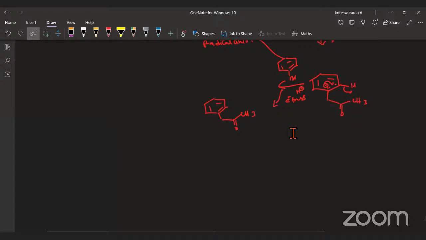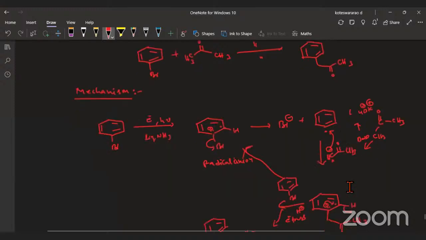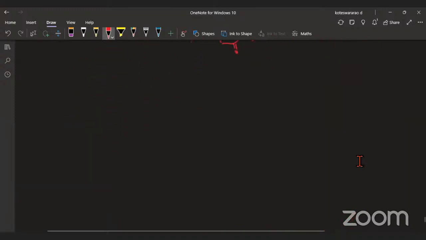This is the photo-induced displacement of halogen by enolate ions. How is this enolate generated? I will show you again, how the carbanion is generated. This is the acetone.